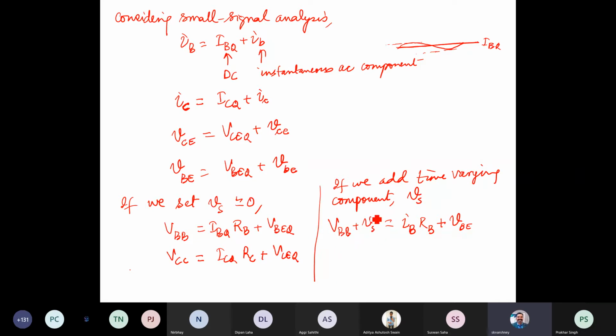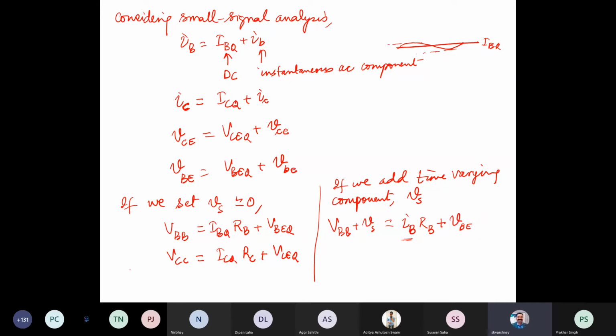So we have the time varying component signal which is added here, VS. That will give rise to the total instantaneous current of the base component. There is a base current, so I'm writing for the input loop IB multiplied by RB, and then this is the total instantaneous base to emitter voltage.